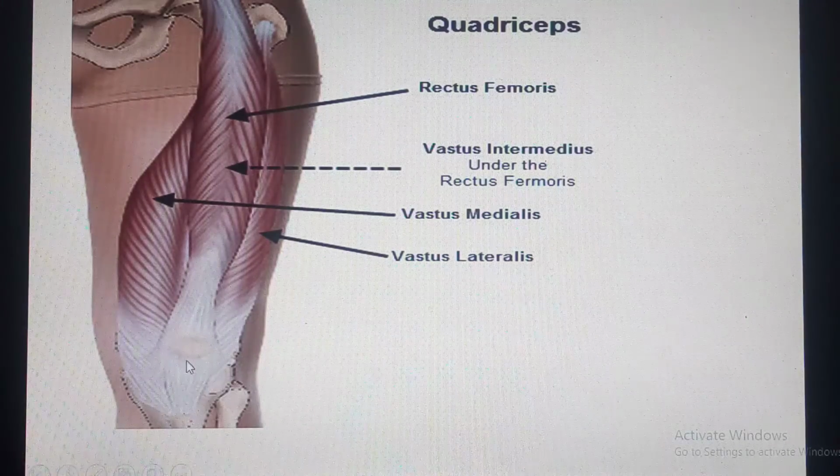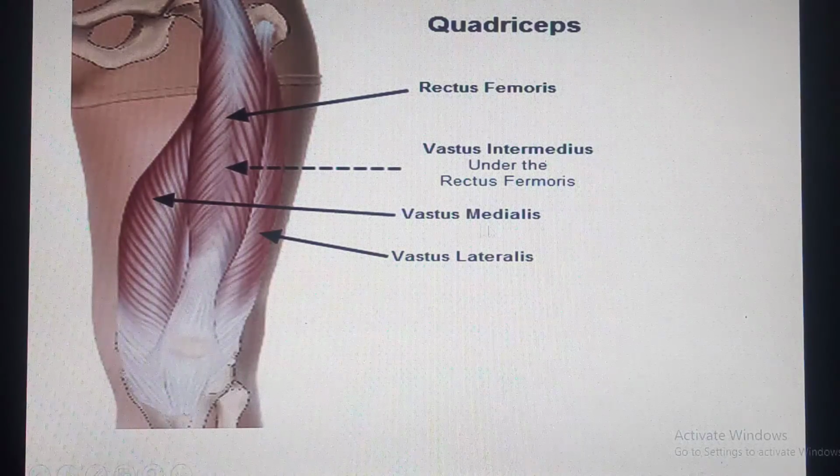The tendon extends downwards to form the patellar ligament, to insert on the tibial tuberosity. So this muscle is the quadriceps muscle, and it's the main extensor of the knee joint. We're talking about these extensors, but this is the main extensor of the knee joint. So I'm telling you that there are four. Now from medial to lateral, we are going to have vastus medialis.